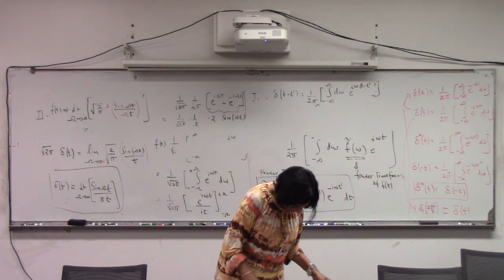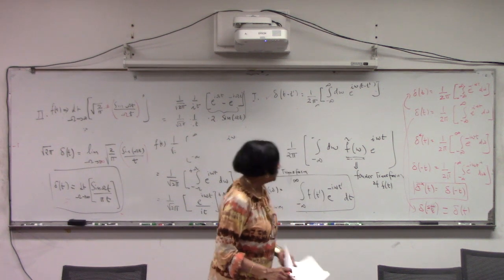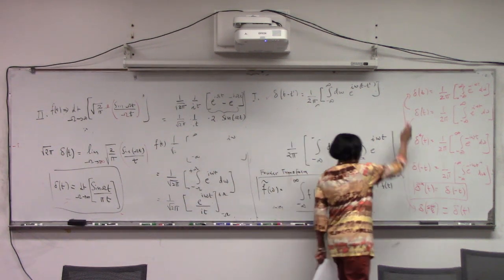Now, what is the Fourier transform of the Dirac delta function?